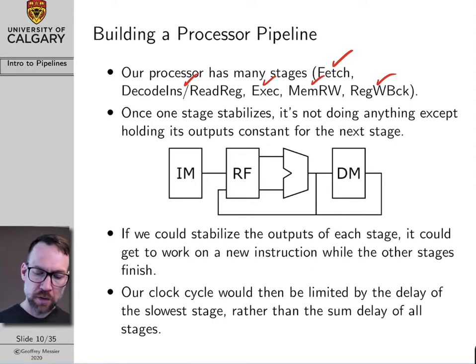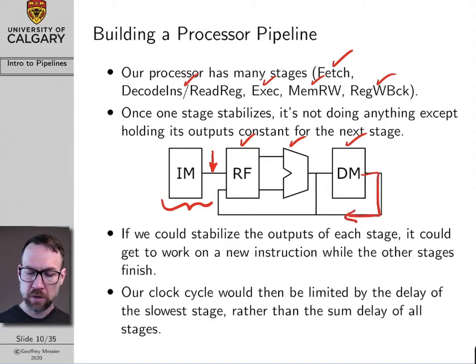So, the first thing to happen is we fetch an instruction from our instruction memory. And once that instruction exists on the read bus for the instruction memory, that's when the registers are read, the ALU executes, the memory is done, something is possibly written back.